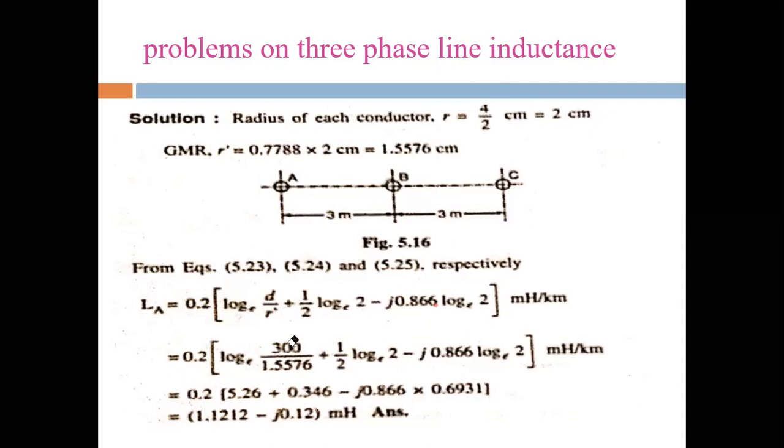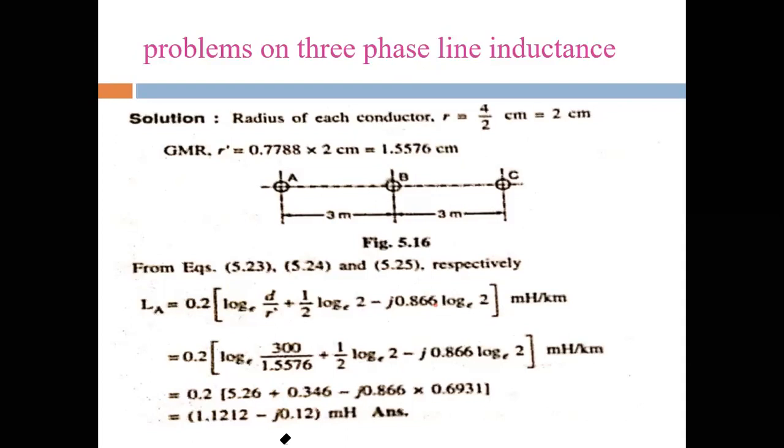Therefore log e 300 by 1.5576 plus 1 by 2 log e 2 minus j 0.866 log e 2. Then we calculate the loop inductance for conductor A, phase A, that is 1.1212 minus j 0.12 millihenries.